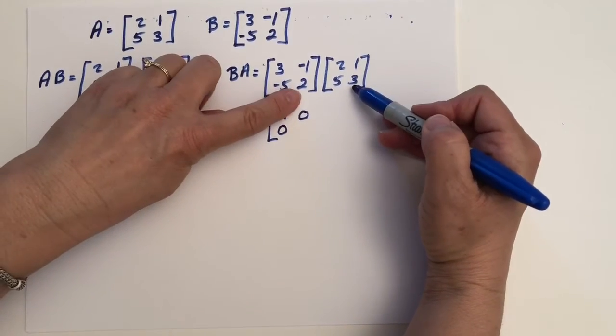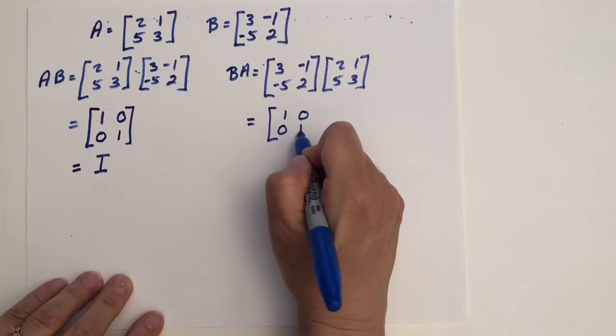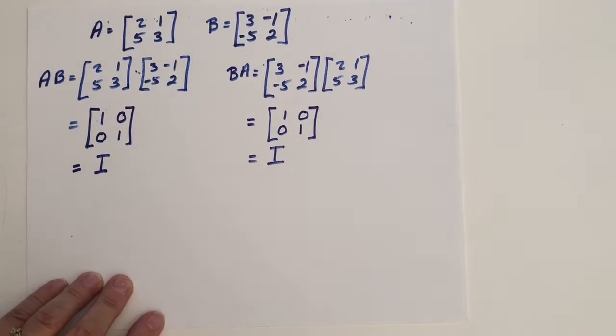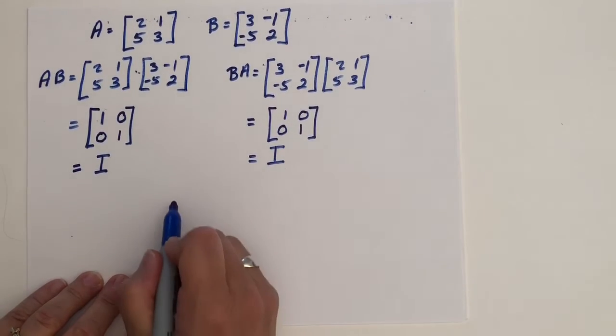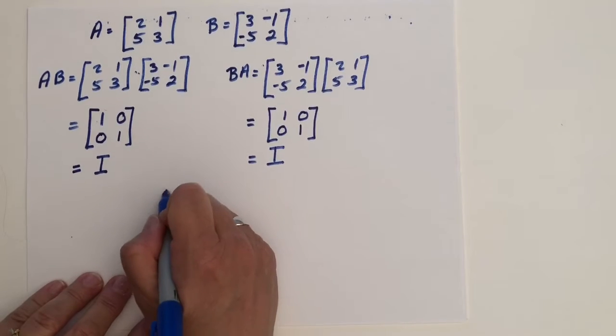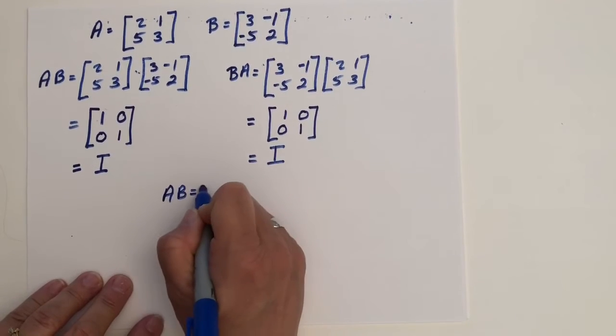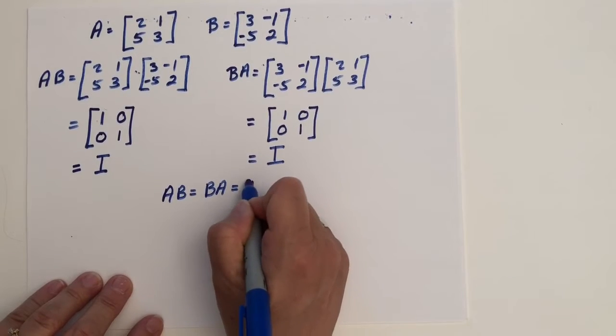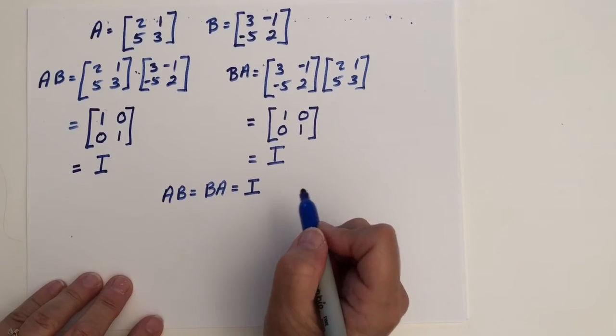And -5 plus 6, that's 1. And again, I have the identity matrix. So we see that A times B is equal to B times A, which equals I.